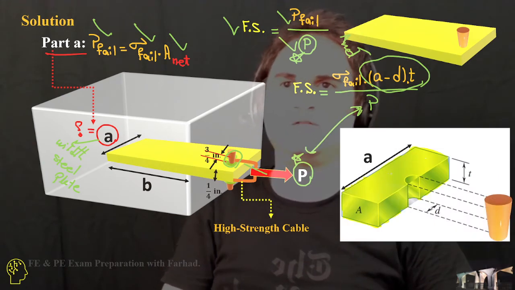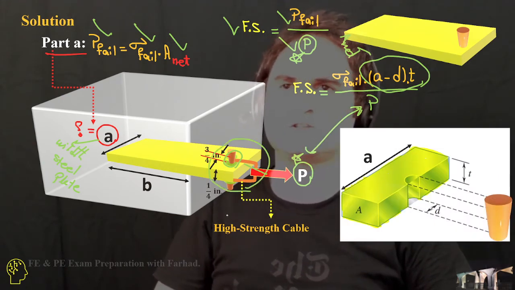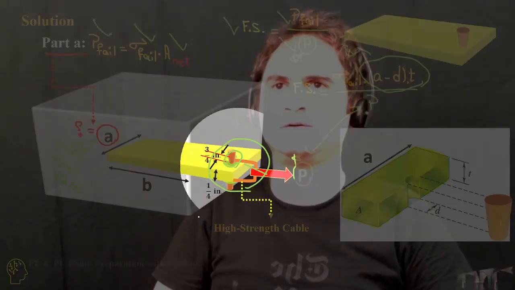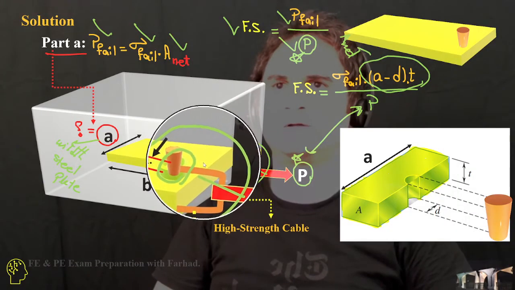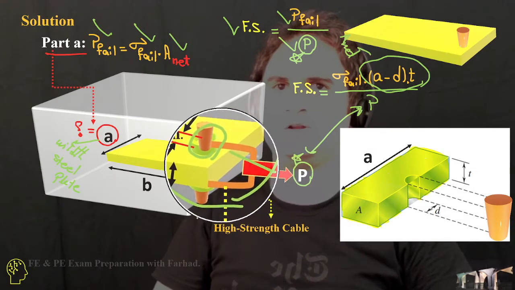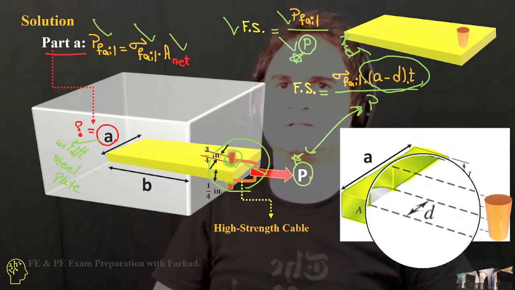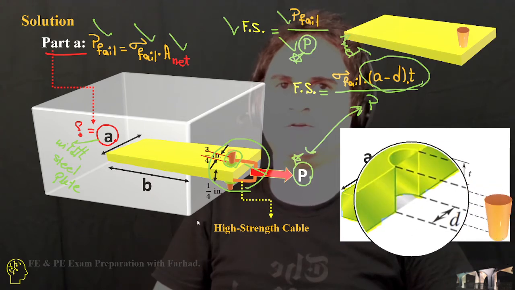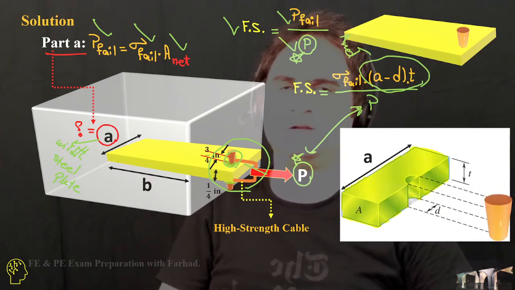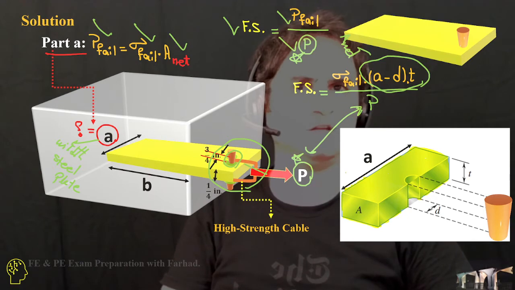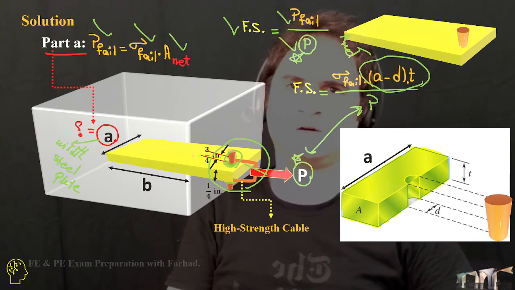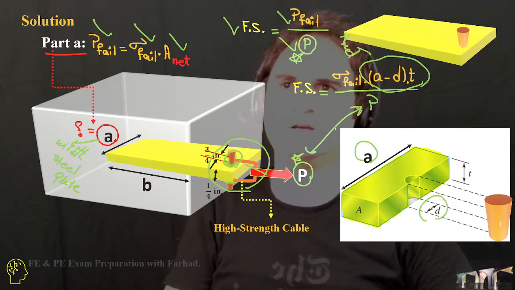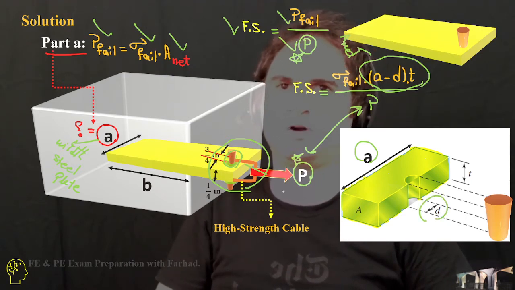If we magnify the pulling part, when you apply the pulling force, this is the net cross-sectional area. You have to subtract the pin area from the width. So if the width of the steel plate is A, you have to subtract the diameter of the pin, which is provided to be 3/4 of an inch.